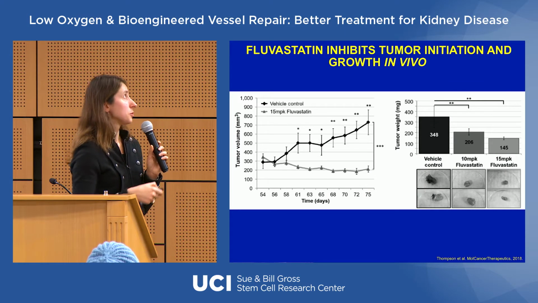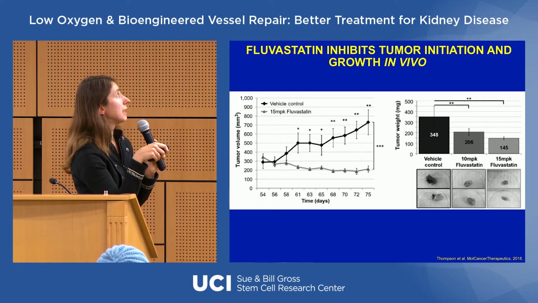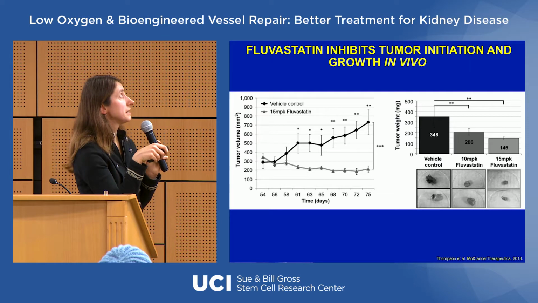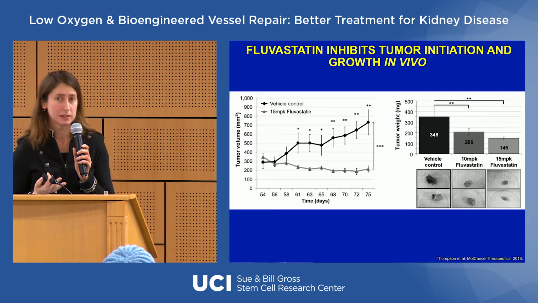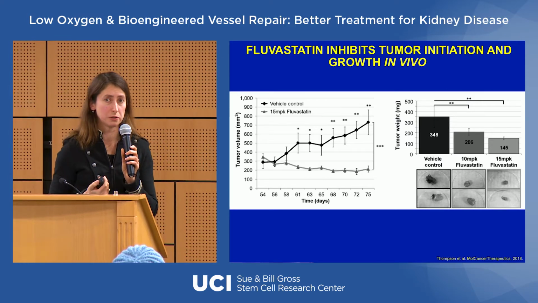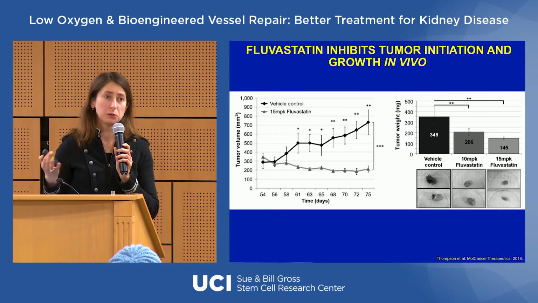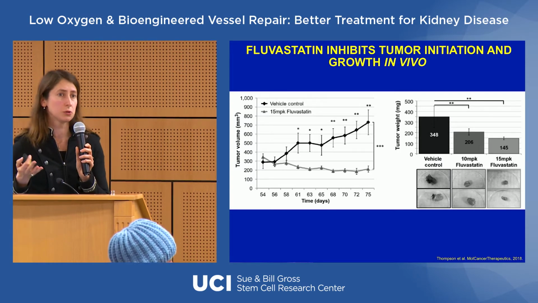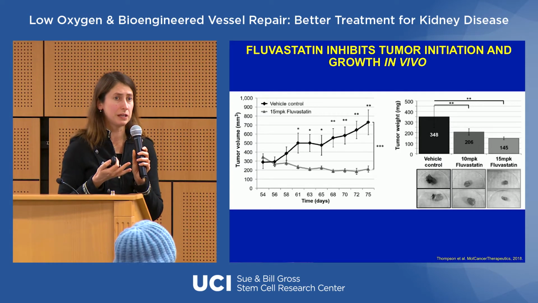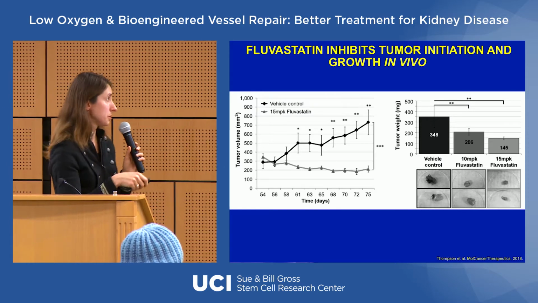Another drug we also discovered through the same method is called fluvastatin. I've already mentioned statins are the anti-cholesterol drugs. They are used to lower the cholesterol. But also, they do other things as well. I will not go into details, but they also block a molecule which is very important for kidney cancer growth.